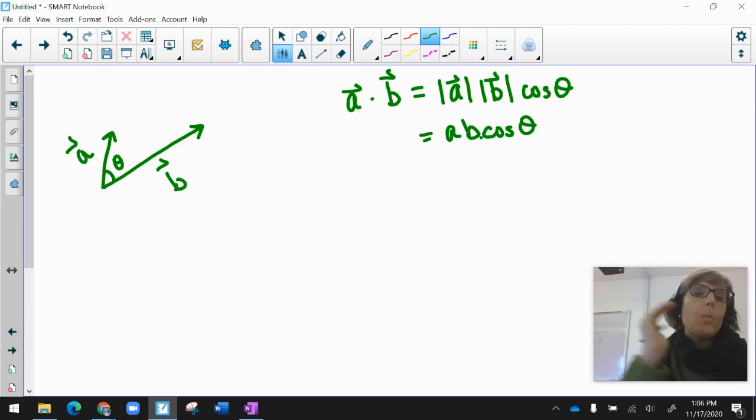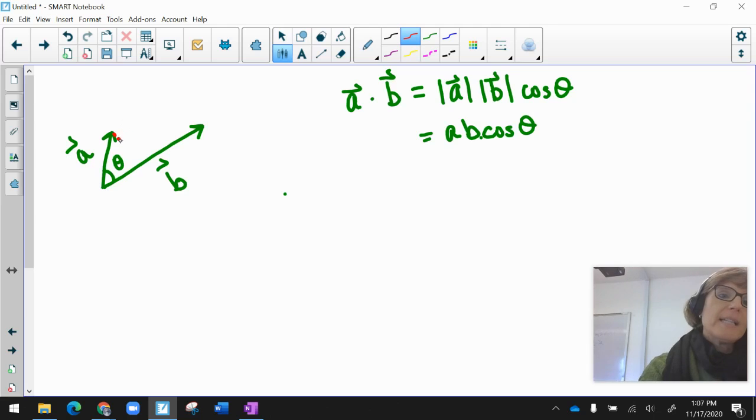So what we're effectively doing is projecting one of the vectors onto the other and then multiplying the components that are in the same direction. If I took A and projected it onto B, which means I drop a perpendicular, then I have a little right triangle, and I break A into its components.